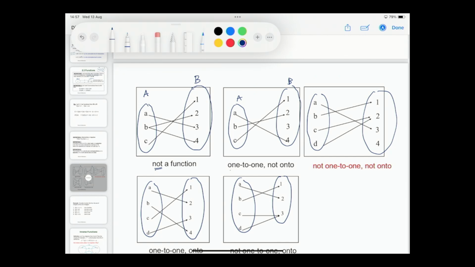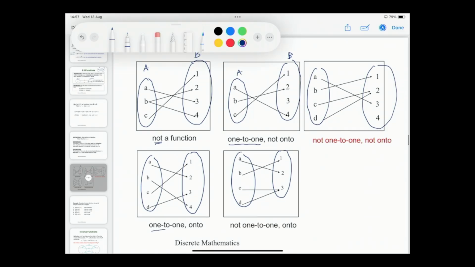So this is the one-to-one case. This also is one-to-one. Sometimes we could have not one-to-one. See this case: C maps to 2, and D also maps to 2. So this is not one-to-one, but it is still a function.